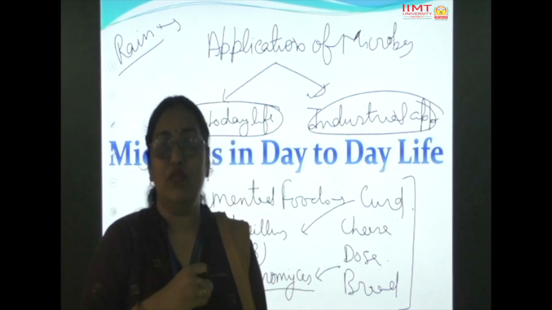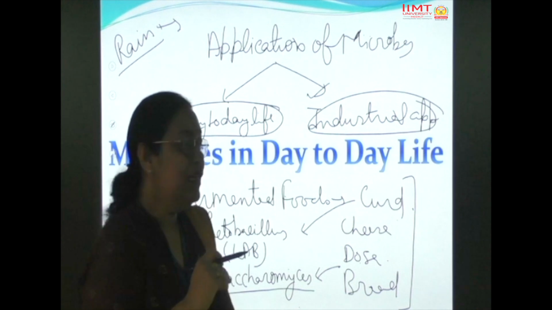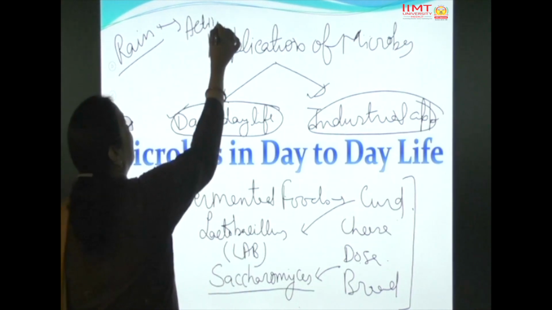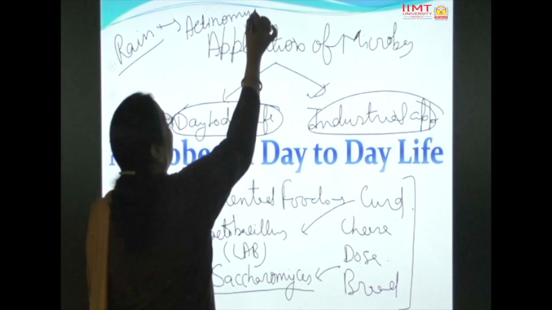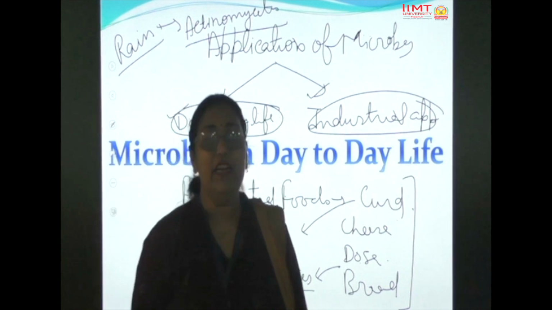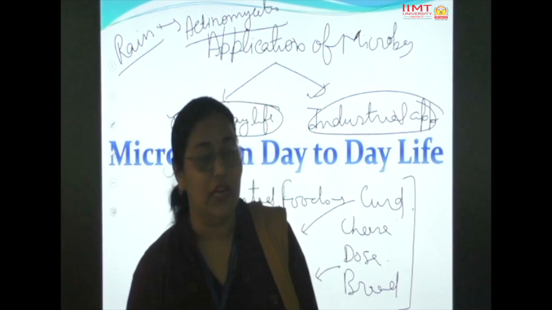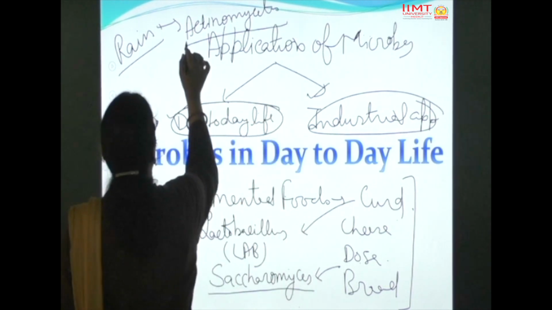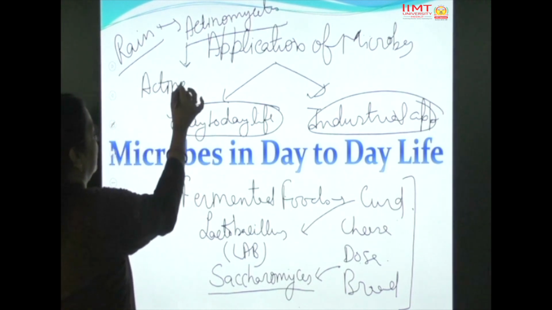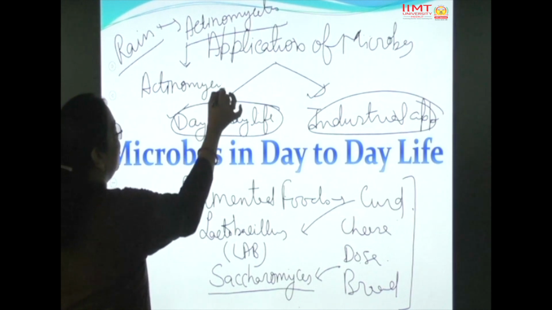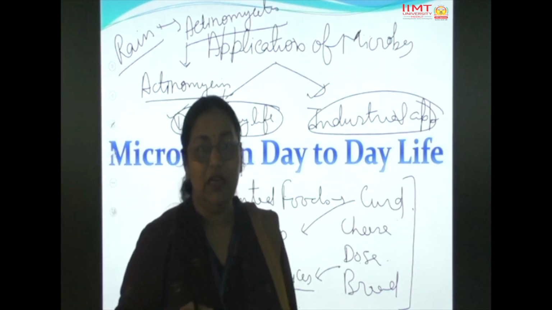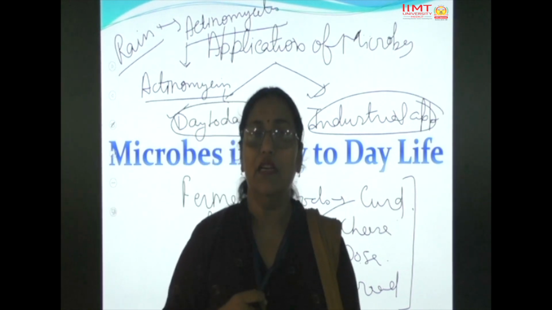This mitti ki khushbu after the rainfall is all due to the actinomycetes, which are filamentous bacteria. These are the bacteria present in soil, and these bacteria produce actinomycin, a special type of pigment which, when mixed with water, gives a sweet fragrance.